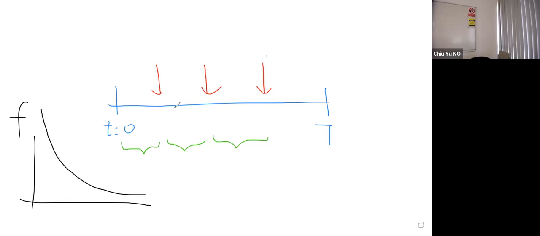So if you are expecting 4 people to come in the whole period, if you cut it by half, the first half will have expected value of 2, right? If you cut it into four pieces, it will be 1 in each piece. So it is independent of how you cut it.